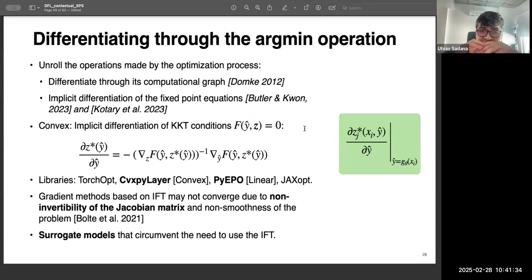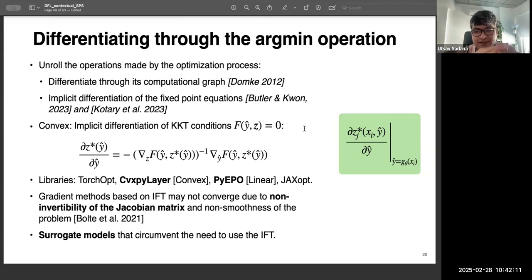Now I told you that you cannot differentiate through the argmin operation because it is not differentiable in general. But what you can do is use these different methods. The first one is, suppose you can write your optimization problem as an iterative solver.